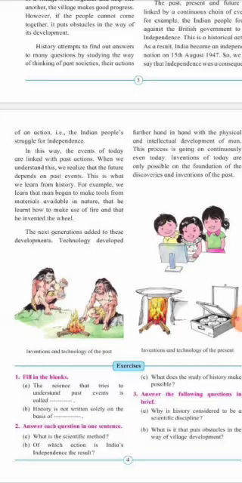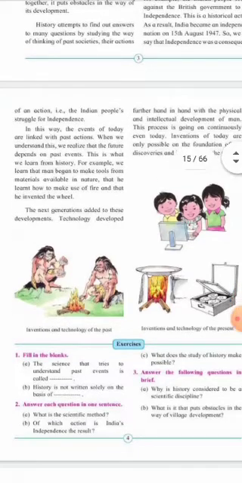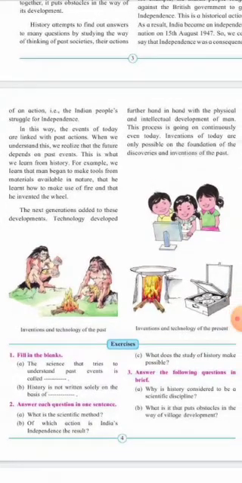Thus, today's technology has its foundation in past action, and this is continuous till today and will be continued in future. Thus, today's life is a reflection of, or we can say it is motivated by, the past action that we call history.